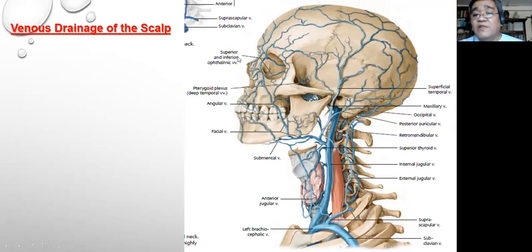The venous drainage of the scalp is via a series of veins that correspond to the names of the arteries that supply the scalp, such as your superficial temporal vein, the occipital vein, posterior auricular vein, and the supratrochlear and supraorbital veins.